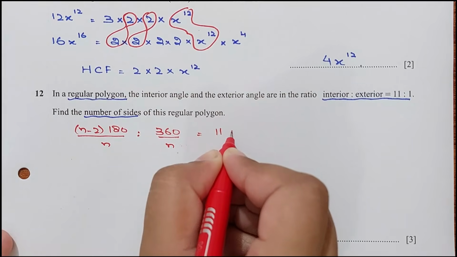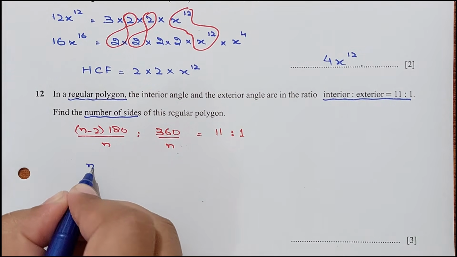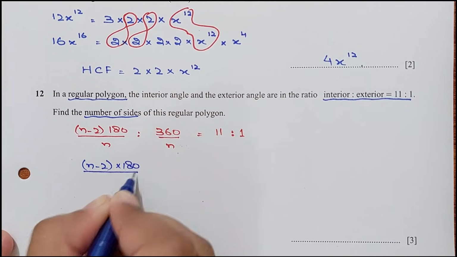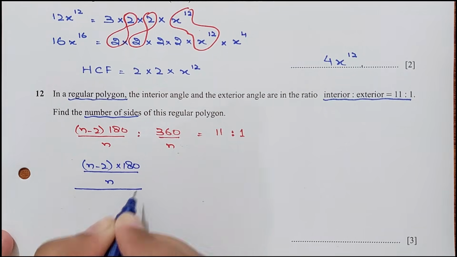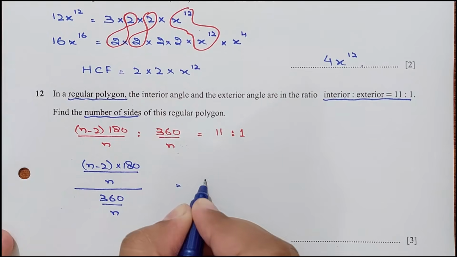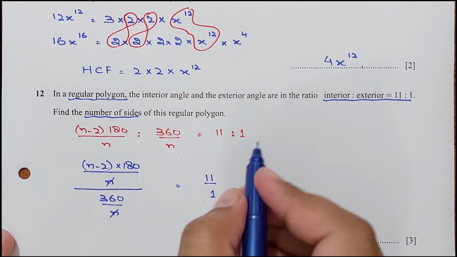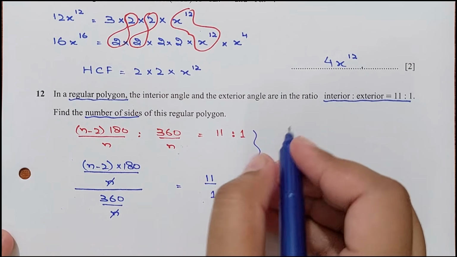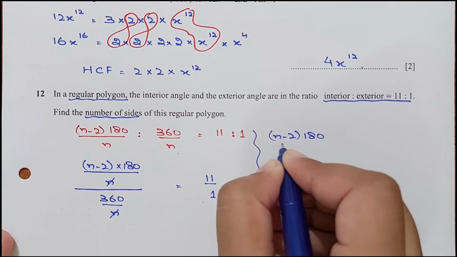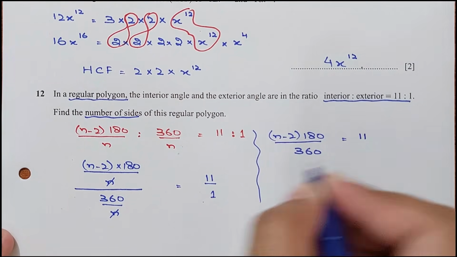This is 11 to 1. Let me convert the ratio into a fraction. So we have (n minus 2) times 180 divided by n, whole divided by 360 over n, equal to 11 over 1. So n cancels with n, and we have (n minus 2) times 180 divided by 360 equals 11.